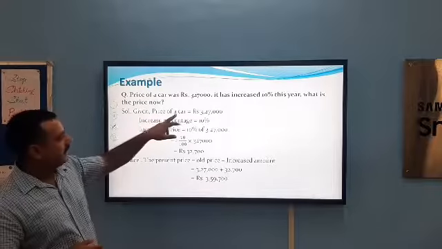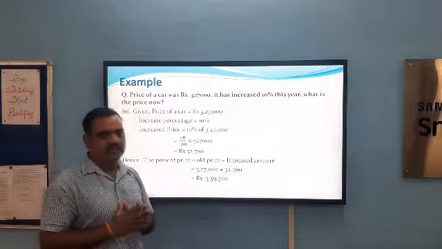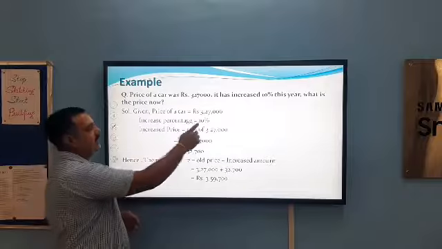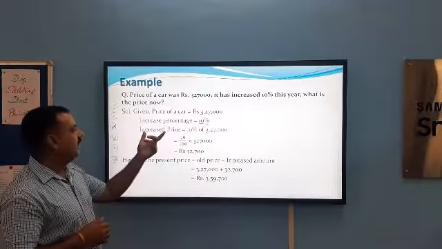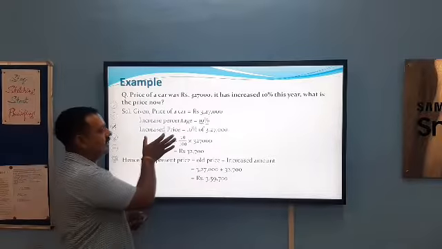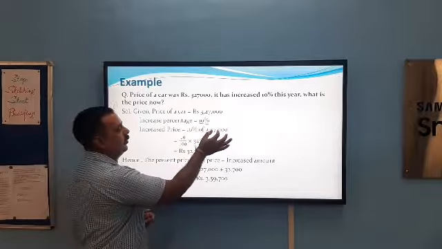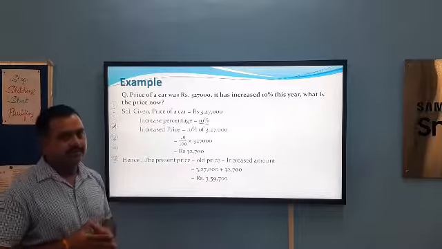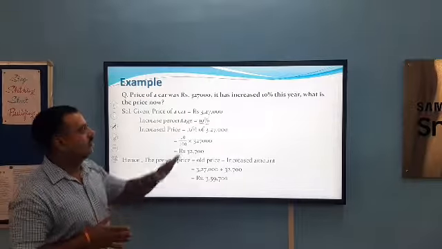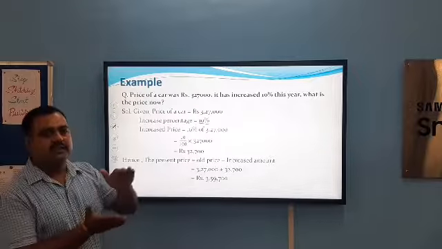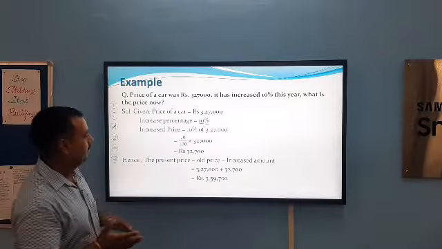So first of all, we find how much the price is increased. Given the price of the car is rupees 3,27,000. Now increased percent is 10%. So first of all we find the increased price. Increased price is 10% of 3,27,000. This increase or decrease always depends on the initial price or initial quantity amount.